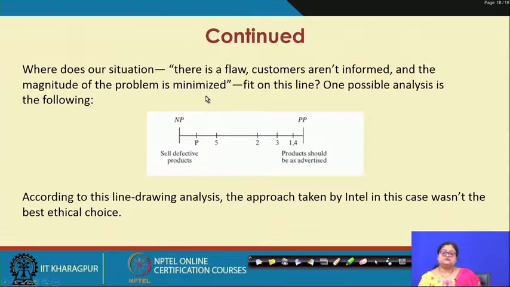Having a flaw where the customers are informed of it, people in the dark over here, it will somewhere be in this range.